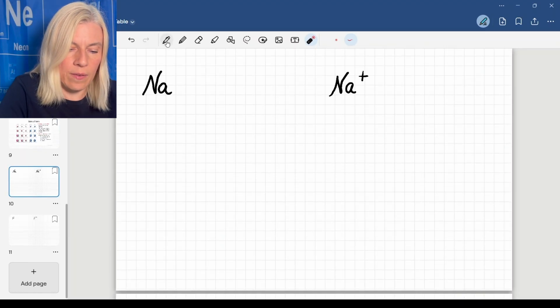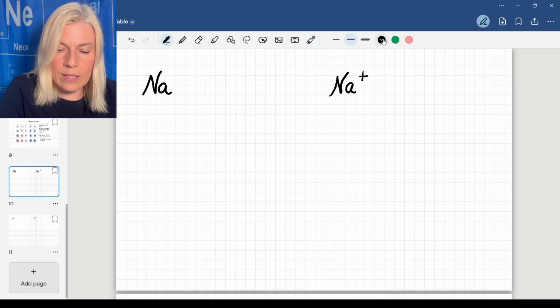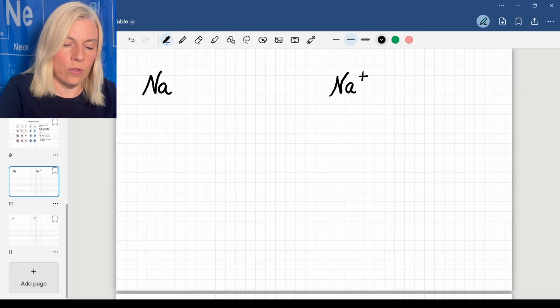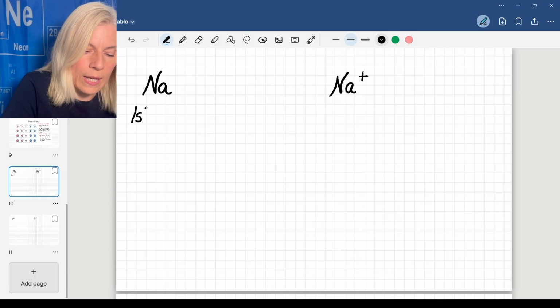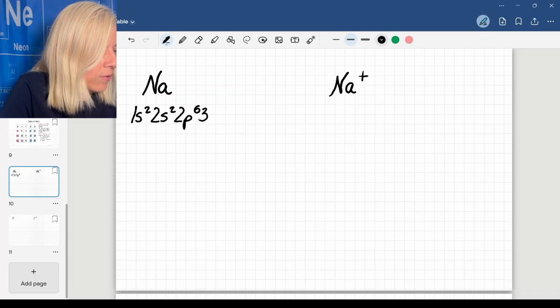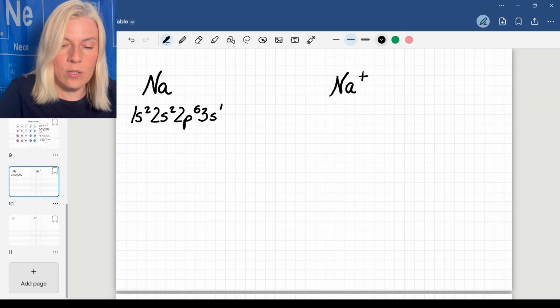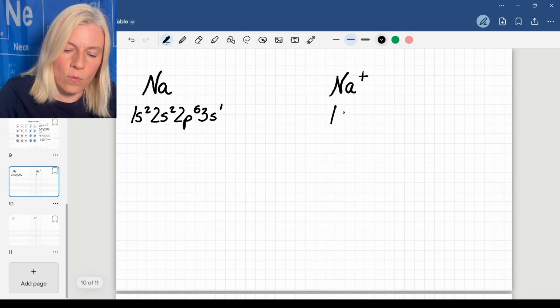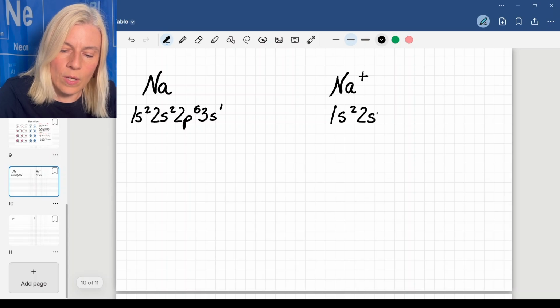And here we have sodium and sodium ion. We're going to write our electron configuration for sodium. So we have 1s2, 2s2, 2p6, 3s1. And sodium ion loses that 1 electron. So we have 1s2, 2s2, 2p6.